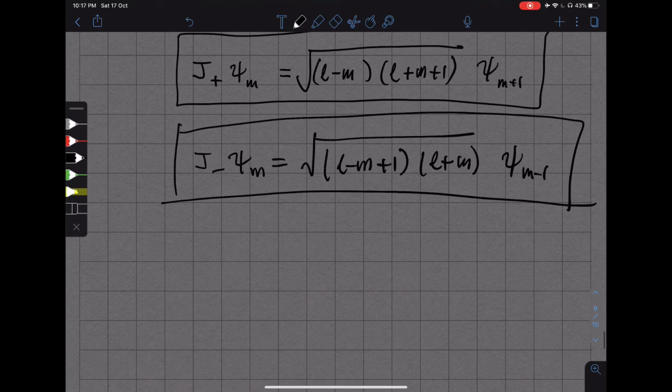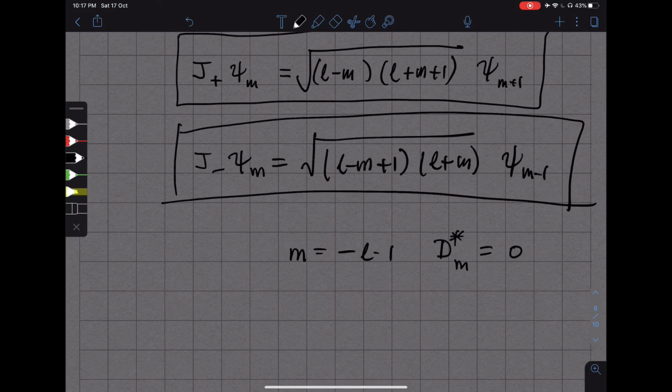Now from this relationship, we can see that when M takes the value of minus L minus 1, we get D star of M or D of M equals 0. That is when the lowering operator annihilates the state.